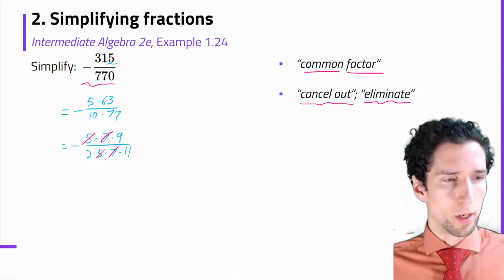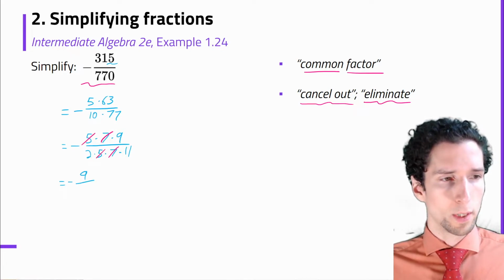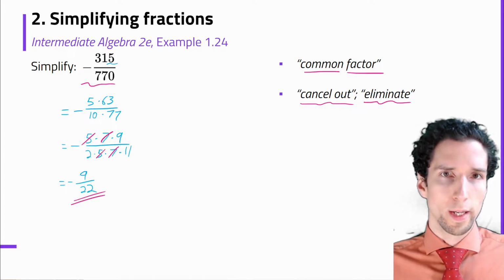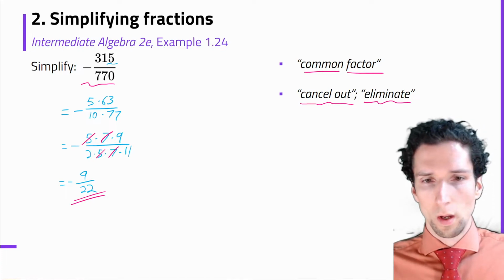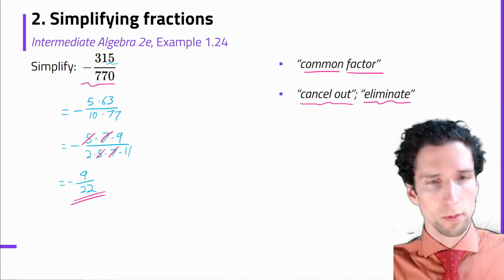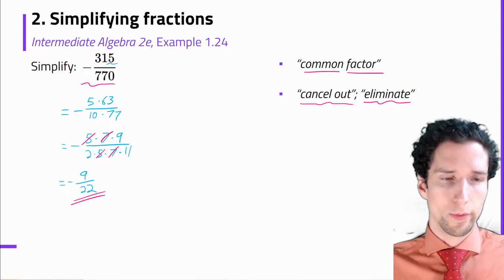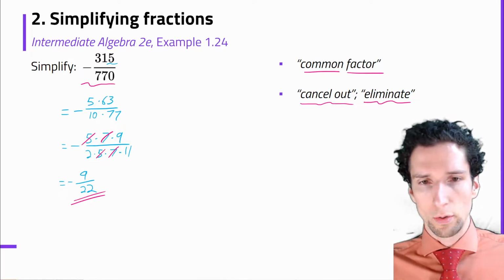And then we're left with a 9 on the top. So -9 over, and 2 times 11 on the bottom, that's 22. So there's our final answer, -9/22. Okay, so simple. So this is me giving all the detailed explanation in case you completely forgot how to do this stuff.